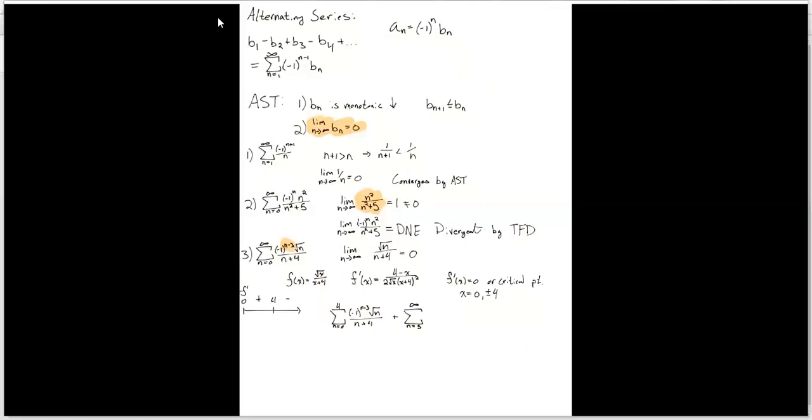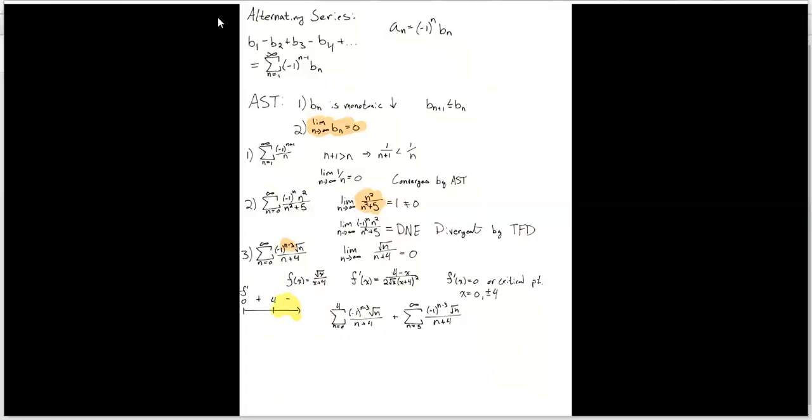This goes to infinity, and it's the same thing. So over here, this is telling us that after 4, this thing is always decreasing.